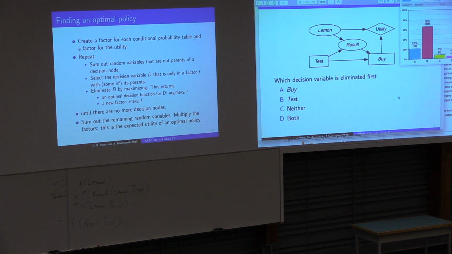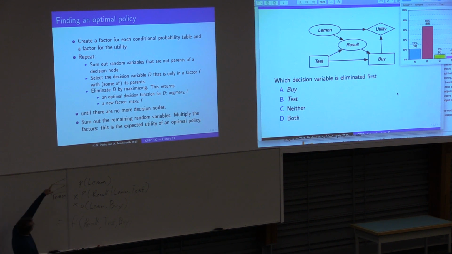What? That's the wrong answer. You guys. We're selecting a decision variable that's only in a factor with some of its parents. Bi doesn't have any parents. No, sorry. Test doesn't have any parents.